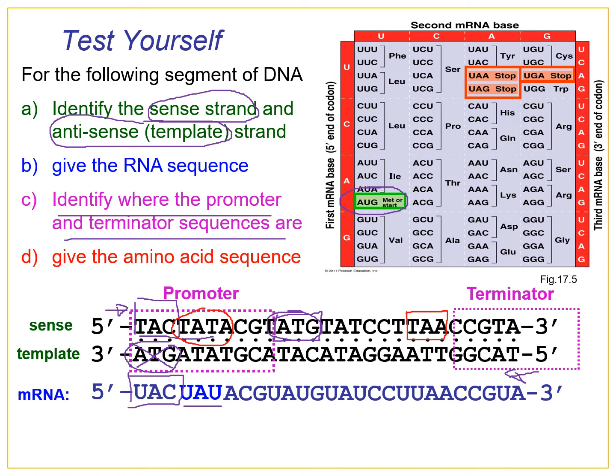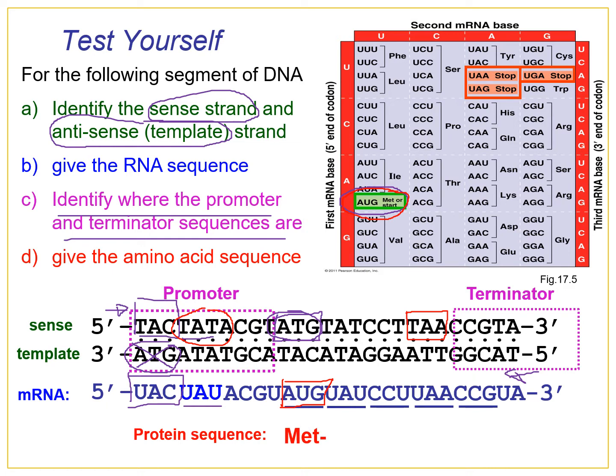So lastly, give the amino acid sequence. So always start with the start codon. There it is, AUG. Identify all your other codons. So I'm just at this point underlining all the triplets all the way to the very end. And then for my translation, I'm going to use the genetic code. So if we look here is my AUG, and that codes for methionine.